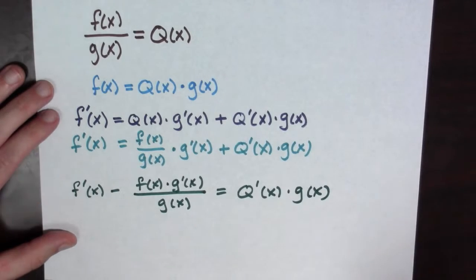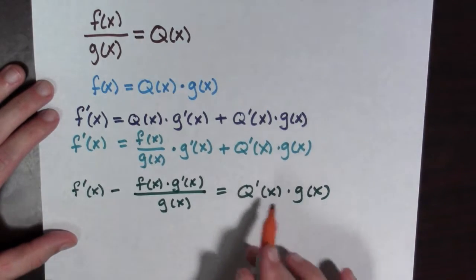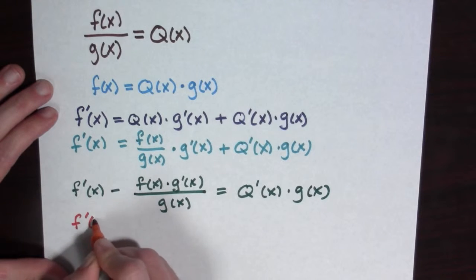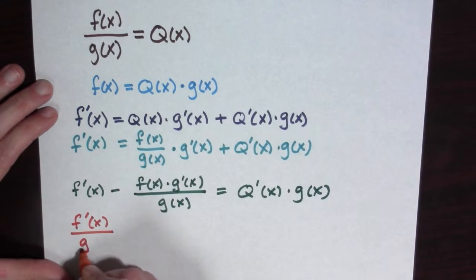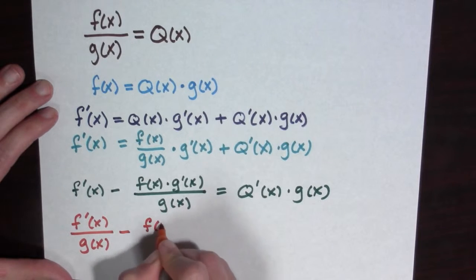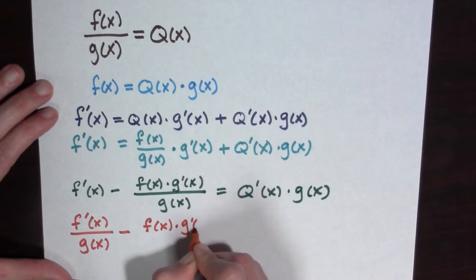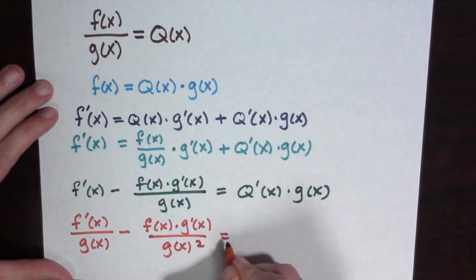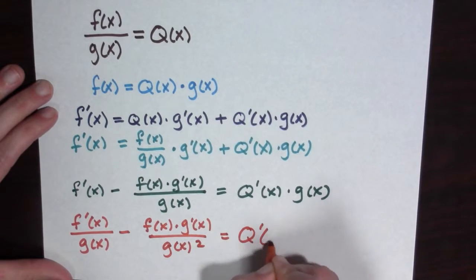And now I can divide everything by g of x, and so I find f prime of x over g of x minus f of x times g prime of x over g of x squared is equal to q prime of x.